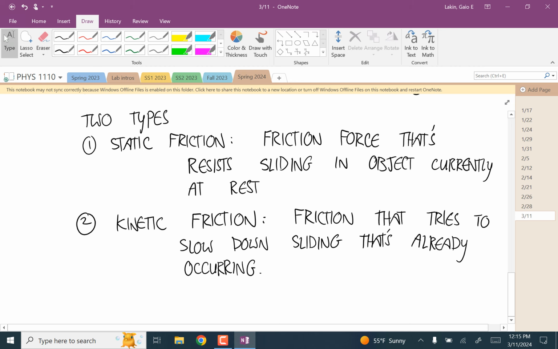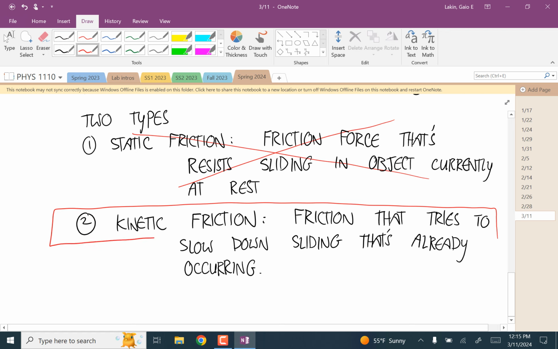There's no particular reason I would choose one of these over the other, but just in the interest of time in this class, we're not going to do calculations with static friction. We're only going to do calculations with kinetic friction. Okay.